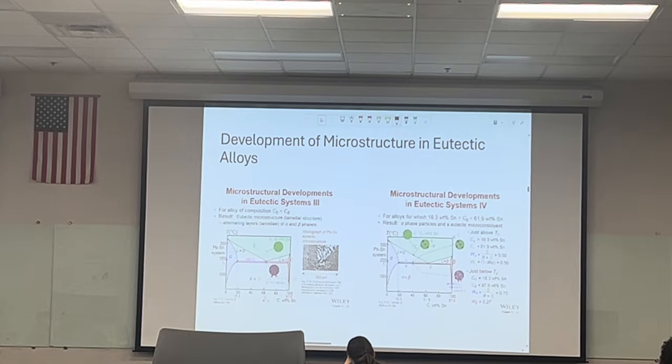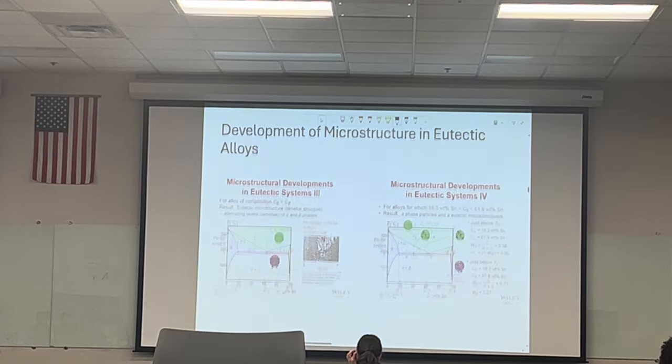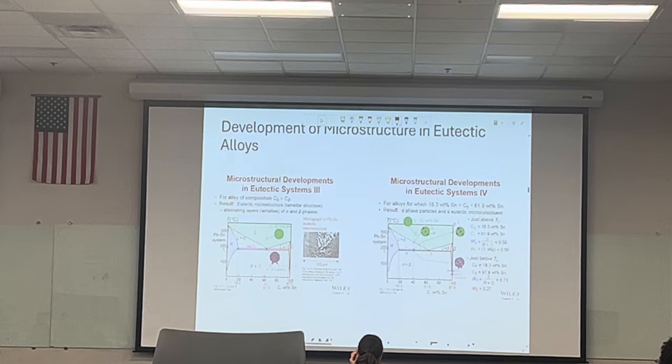And here it mentions the other microstructural developments of eutectic systems. I think there's like 4 different ones. So in the third case, it involves the solidification of the eutectic composition, which is around 183 in this case.